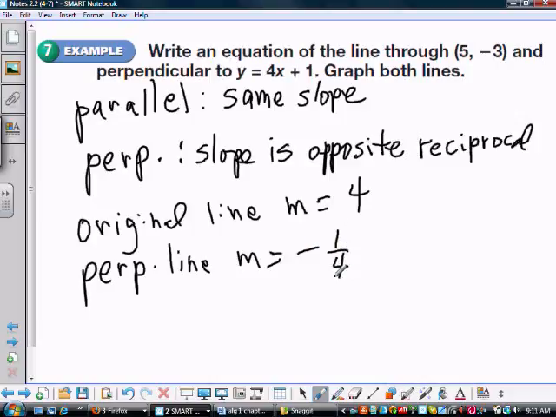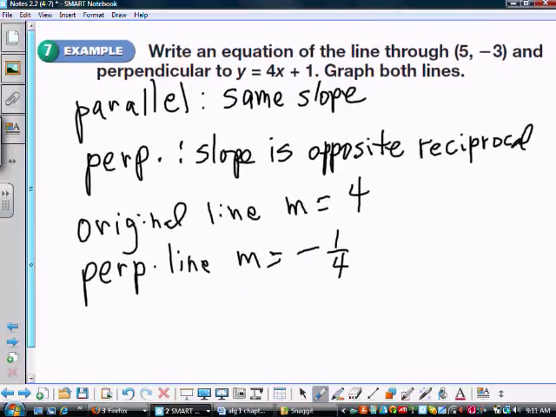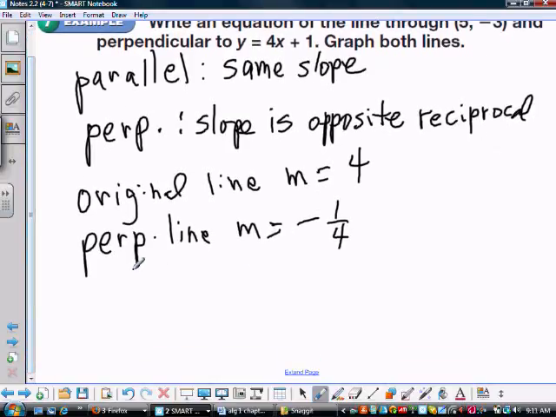Okay. So we're going to write an equation that has a slope now of -1/4 and goes through the point 5, -3. So I'll go y minus -3, oh, that's y plus 3, equals -1/4 x minus 5.